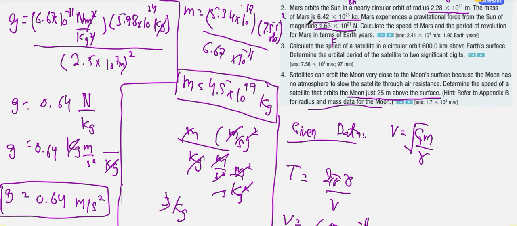In question number 2, we are given the orbit radius, which is r. Then we are given the mass of Mars.